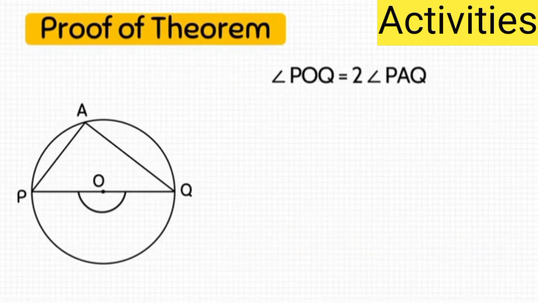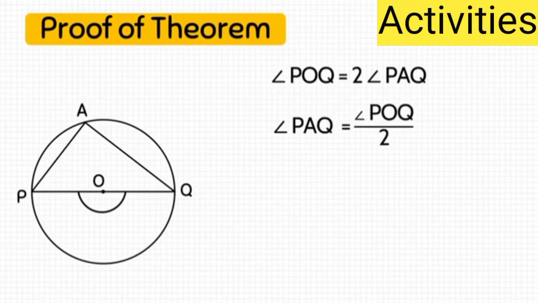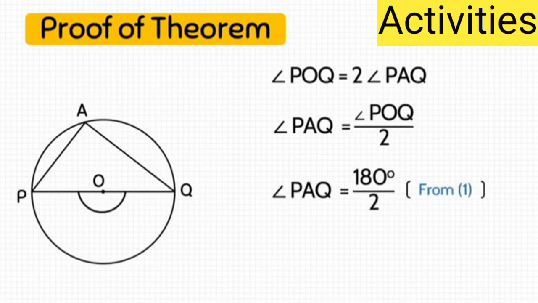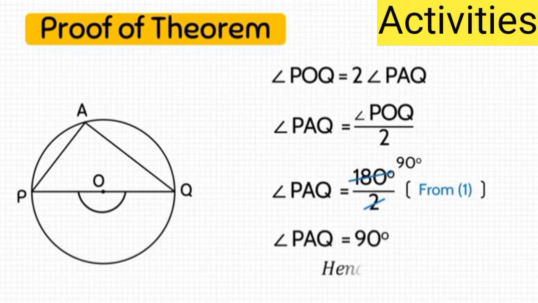This implies angle PAQ is half of angle POQ. And from 1, we know angle POQ equals 180 degree. So it means angle PAQ equals 90 degree. Hence, we have proved this circle theorem geometrically.